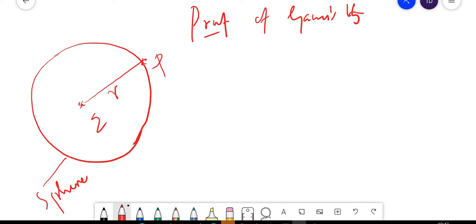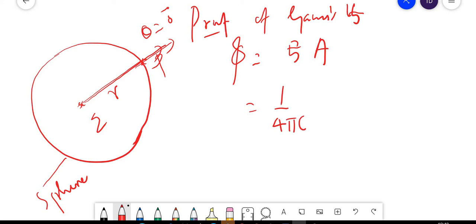Then the flux linked with this closed sphere, phi, is equal to E into A. Here theta is 0 degrees and cos 0 is 1, because the area is normal and the electric field is also in the same direction. So what is the area here and what is the electric field? The electric field due to a point charge Q at P is 1 by 4 pi epsilon 0 into Q by r square.